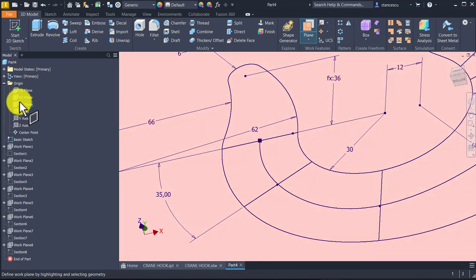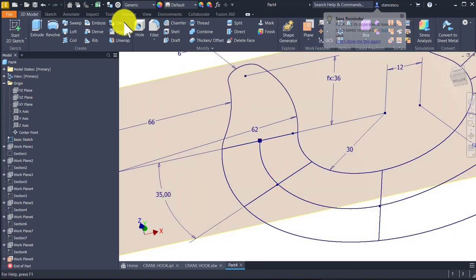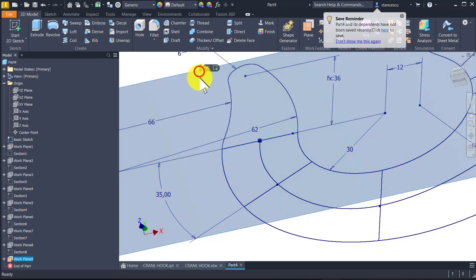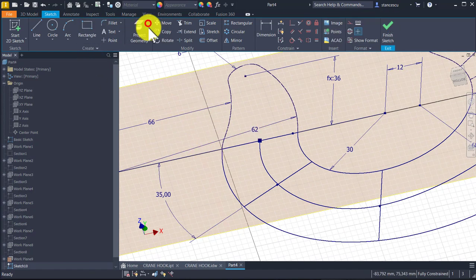Plane, this, okay, project, not sketch, first is the sketch, F5 to go back, project diameter, apply the tool. Circle, center is right here on the green to right here on the green.